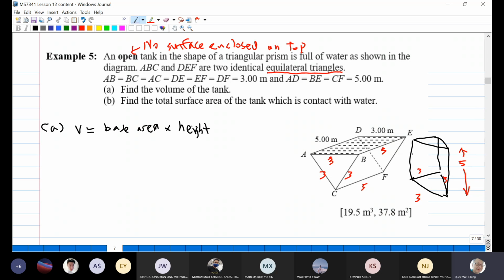But bear in mind, base area is a triangle, so to get the base area, you find S first. S is equal to half of A plus B plus C. Each side is equal to 3 here, so this is half times 3 plus 3 plus 3, which is 9 over 2.